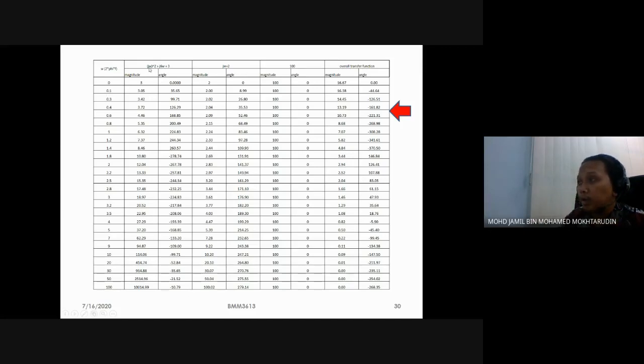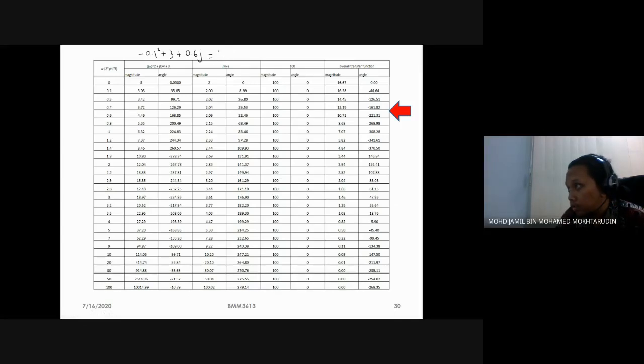So bila frekuensi 0.1, first you calculate, you substitute 0.1 in here. So you get minus 0.1 square plus 3 plus 0.6j. So kira lah sikit. So 3 minus 0.1 square, you get 2.99.